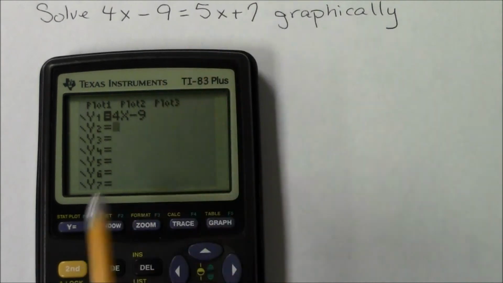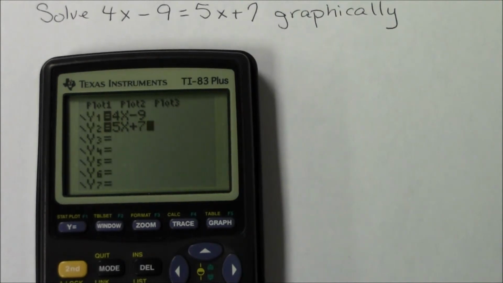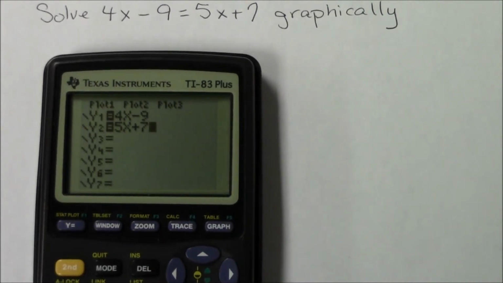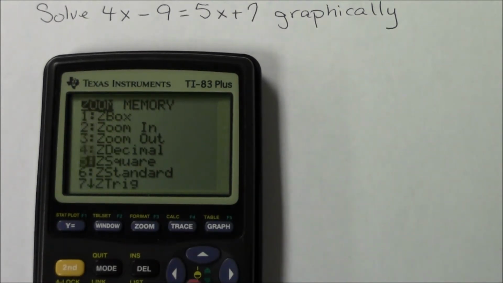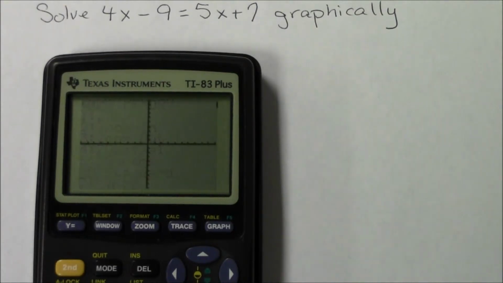And y also equals the right hand side of the equation, which is 5x plus 7. So 4x minus 9 and 5x plus 7, and we need to solve this graphically. We always start a graph by choosing the zoom 6 option, hitting enter.